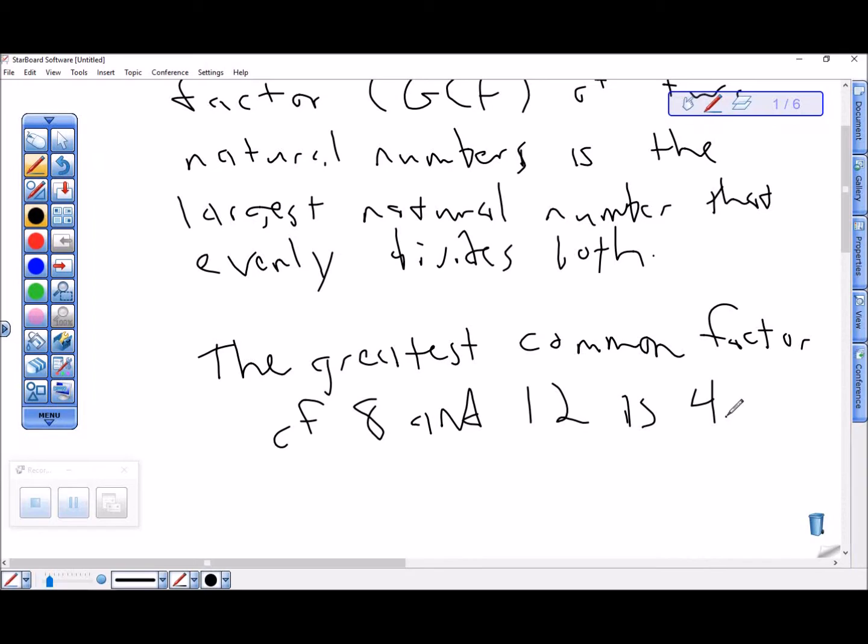Okay, and that's because 4 evenly divides 8. 8 divided by 4 is 2. 4 evenly divides 12. 12 divided by 4 is 3. And there's no bigger number that does that. 5 doesn't divide either. 6 doesn't divide 8. 7 doesn't divide either. 8 divides 8, but not 12. And then I'm out of numbers. So 4 is the greatest common factor.